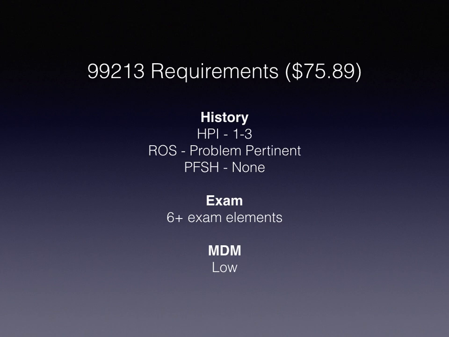Personal, family, and social history, don't have to do any of that. Exam, on this one, you have to do 6 or more elements, and I'll give you some examples of how I think you can probably meet that requirement in a moment. And then for medical decision making, again, your criteria there is low, and again, very easy to meet with any problem the patient would contact you with.